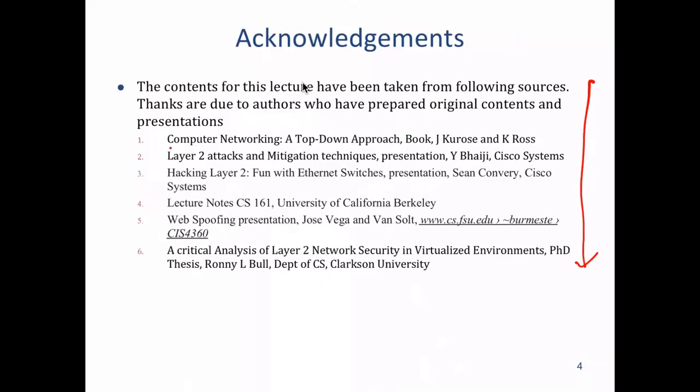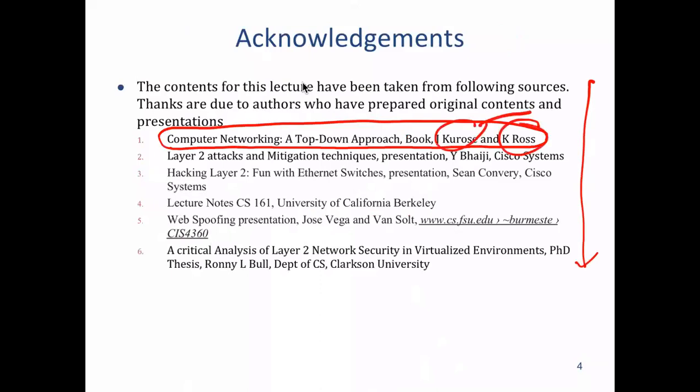I would strongly recommend you go through the book by Kurose and Ross. This is a very well written, very nice book. If you really want to understand networking, please go through the contents of this book.